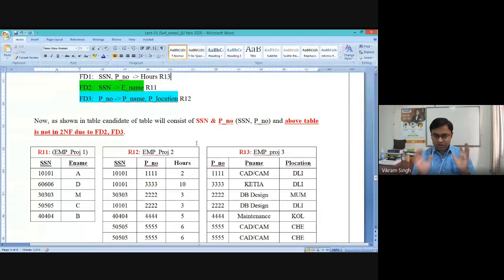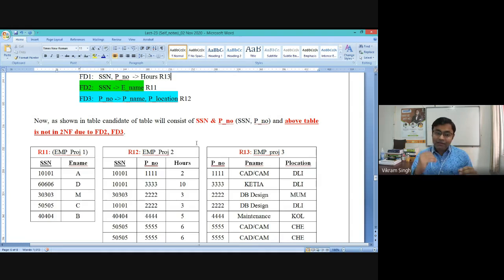So now you can have this kind of generalized rule: whenever our database table is not following second normal form, and we have identified, based on the candidate key, which FDs are following it, you need to keep all the attributes of those FDs into one relation.